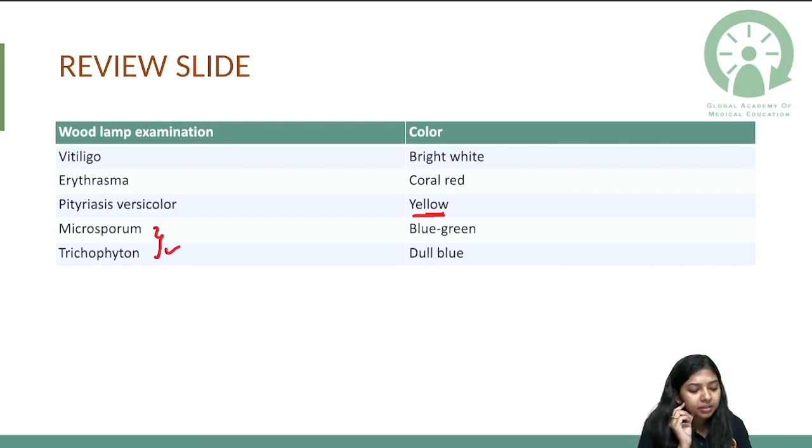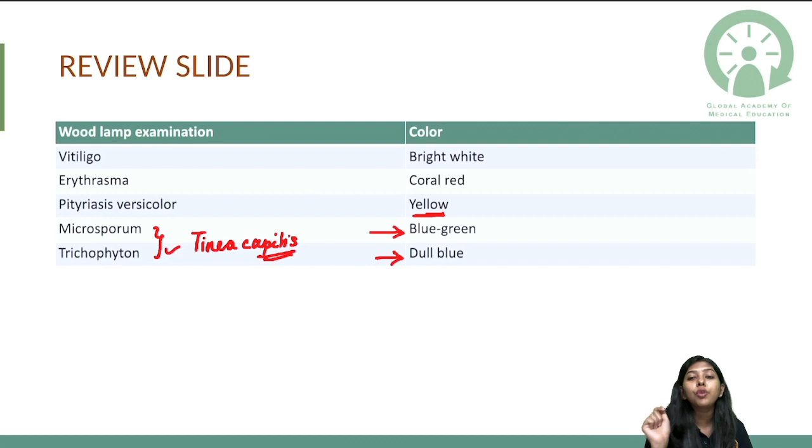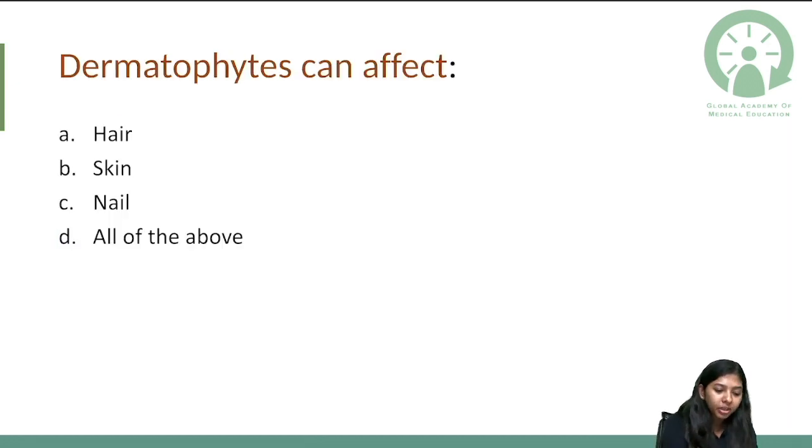Microsporum and trichophyton, in tinea capitis, this is particularly used, right? If the causative organism is microsporum, you will get a blue-green fluorescence, and if it's trichophyton, you get a dull blue fluorescence. So remember the examination findings of Wood's lamp in different diseases. It's very important. You might get a question on this, right?